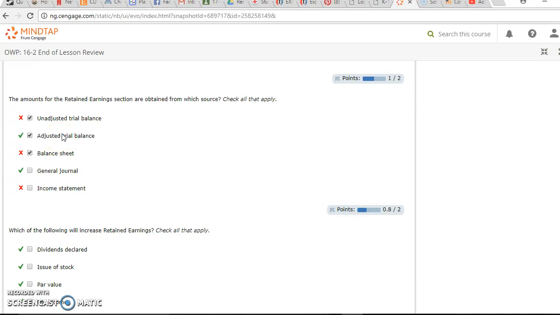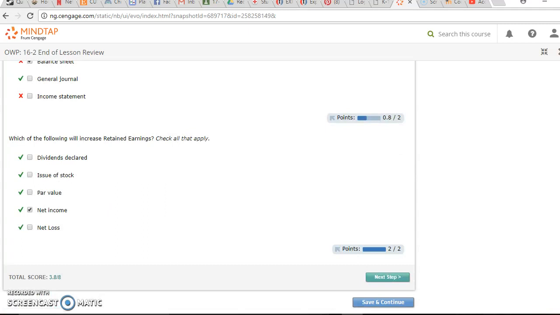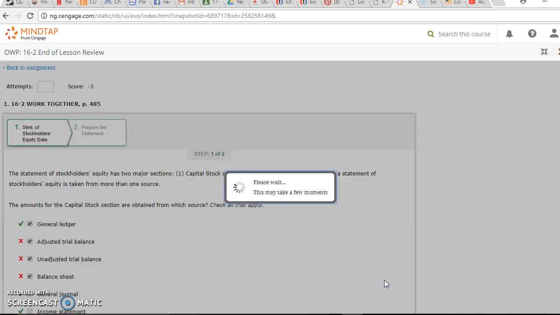Adjusted trial balance, yes. General journal, I disagree for that one. You can get it from the general journal, but you're going to have to do quite a bit of work for that one. I got all the rest of those right. I'm not really worried about those.